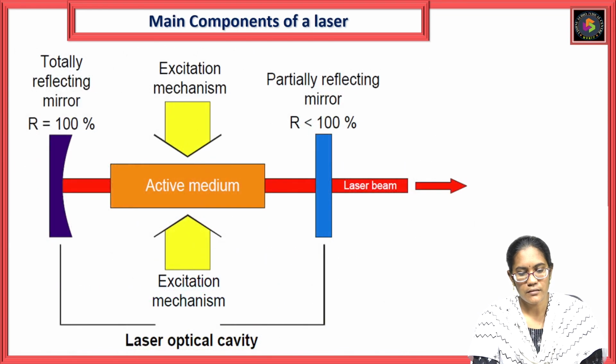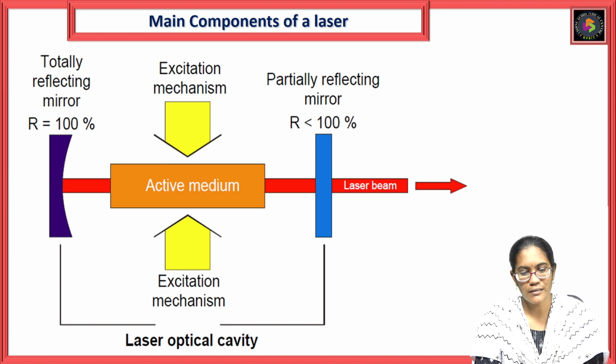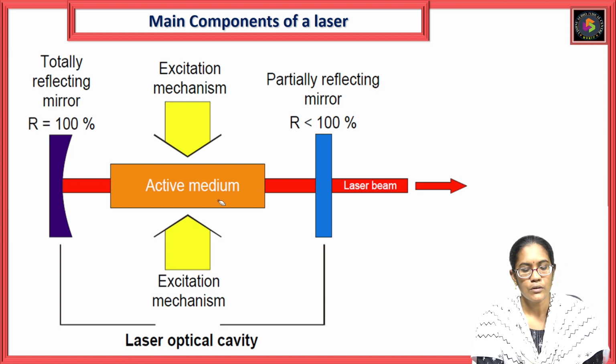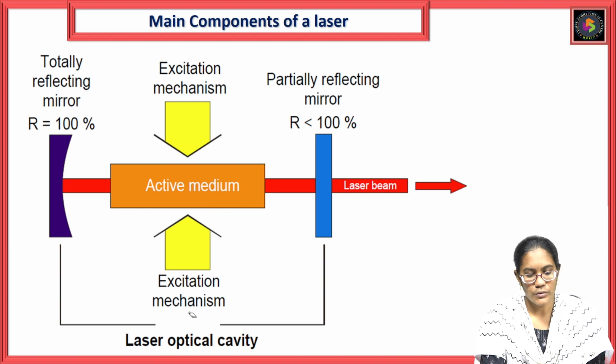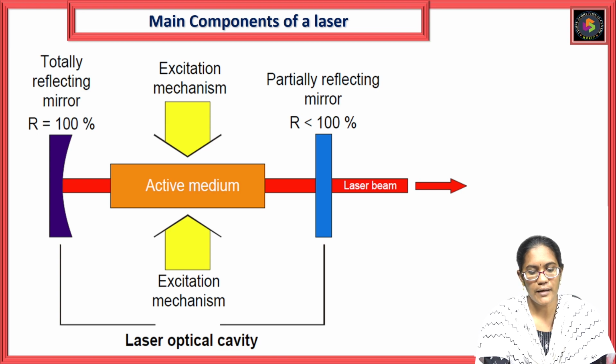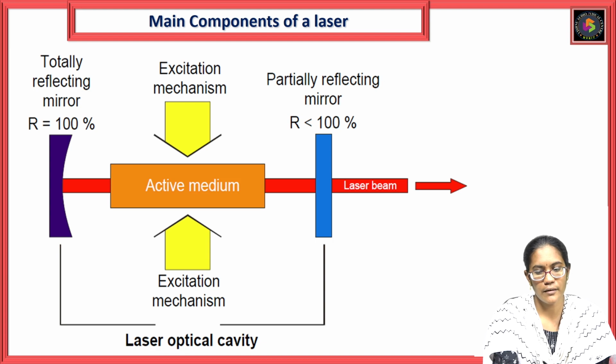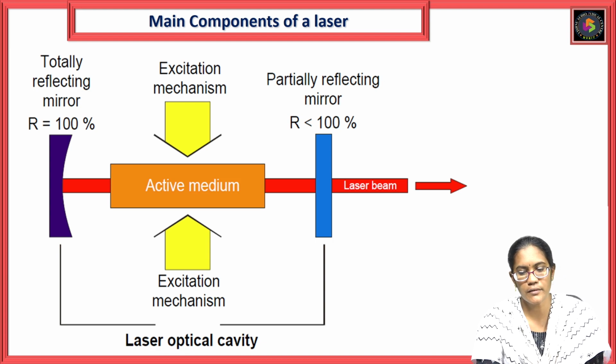In the schematic diagram of the laser, these are the main components: the active medium, the pumping or energy source, and two mirrors. One is a fully reflecting mirror, totally reflecting, 100%, and the other is a partially reflecting mirror, less than 100%.